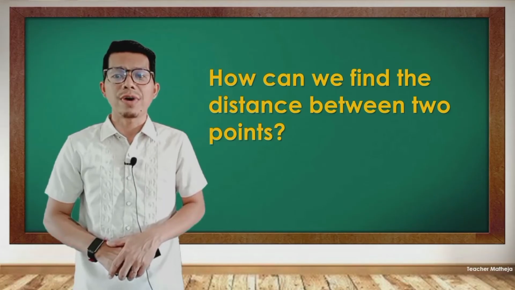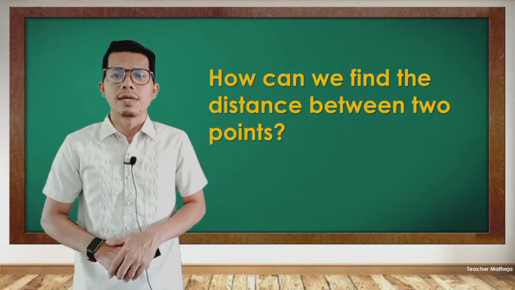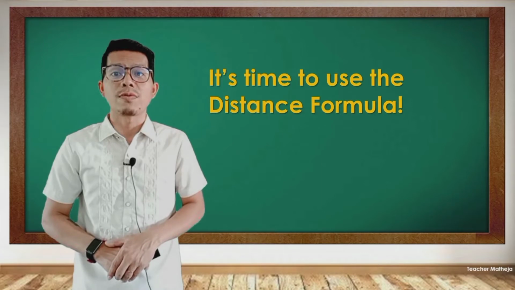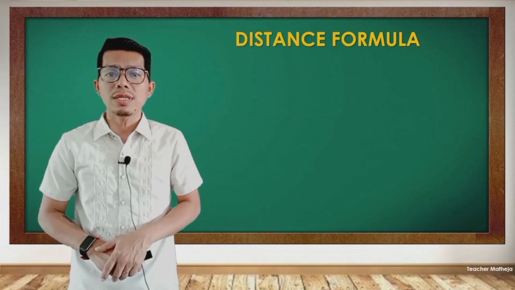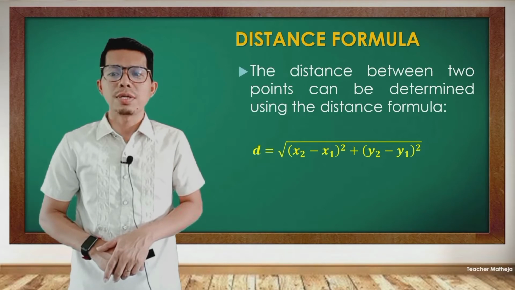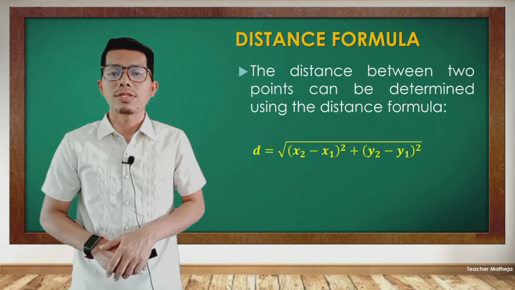How can we find the distance between 2 points? This time, we are going to use the distance formula. But what is a distance formula? Distance formula is denoted by d is equal to the square root of the quantity x sub 2 minus x sub 1 squared plus the quantity y sub 2 minus y sub 1 squared.